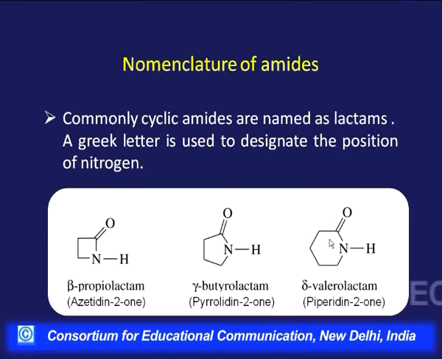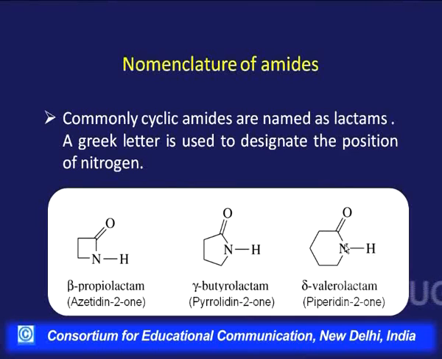A 6-membered lactam, again in the common system, this is alpha position, this is beta, gamma and delta. It means the position for the amino group on the chain of the acid was delta. It is a 5 carbon acid, 1, 2, 3, 4, 5. So, valeric acid has formed this lactam, and this is named as delta valerolactam.